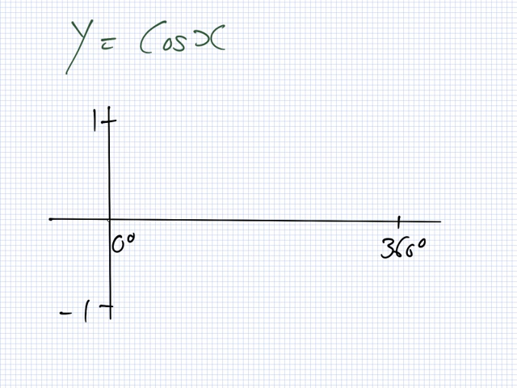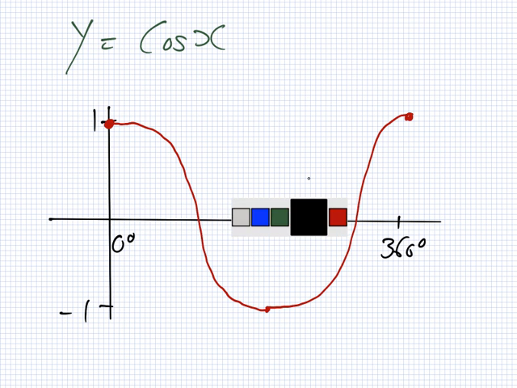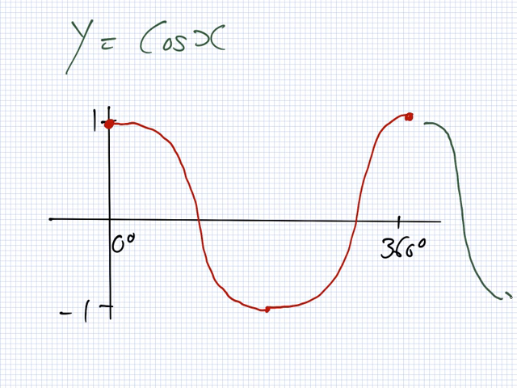Sine started in the middle, but cos starts at the top, at 1. And it goes down to minus 1, and then back up to 1 for the end. And just like with sine, it repeats itself as well. But it's the middle part we care about. And this here is 180, and this is 90, and this is 270. This is a 1, minus 1.